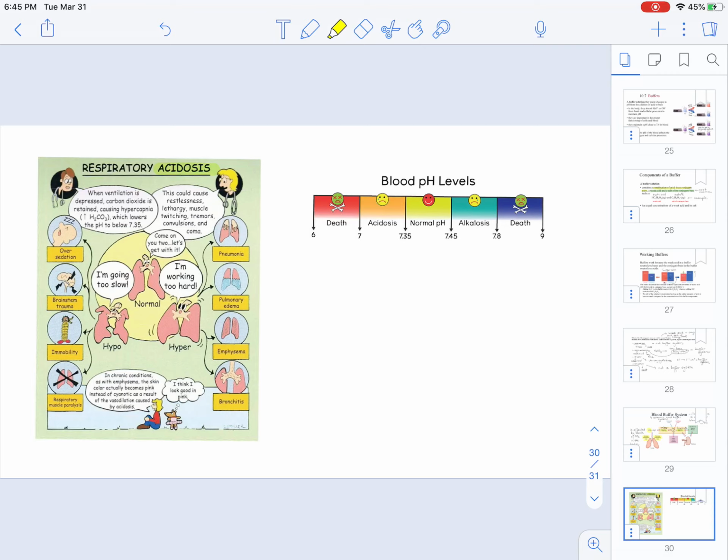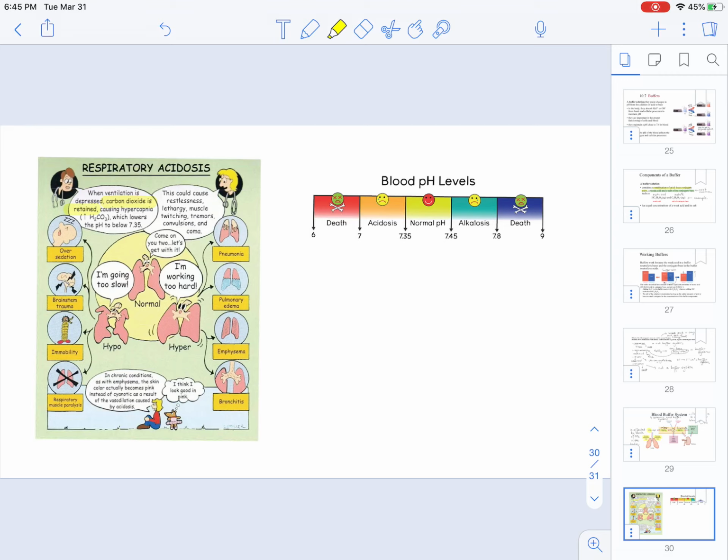As you can see, respiratory acidosis, as the name implies, is going to be happening when the ventilation is depressed in a human and carbon dioxide is retained. So I'm just going to highlight that. Carbon dioxide is retained.